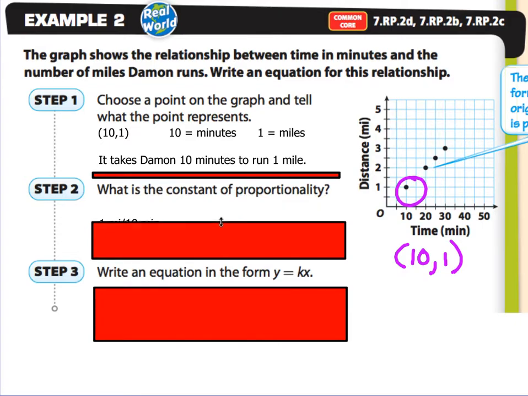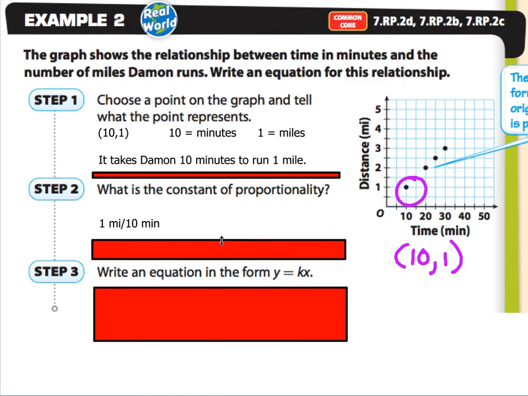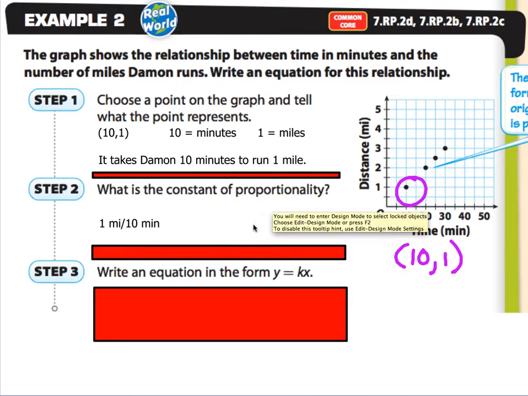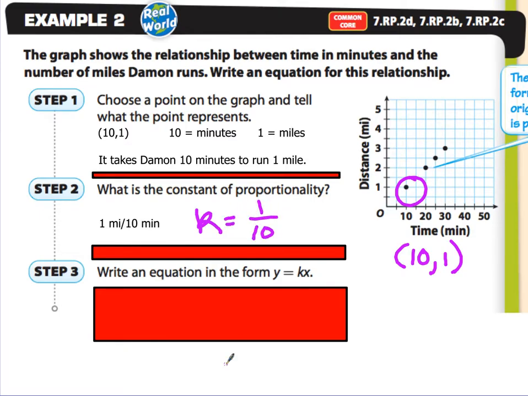So in this case, my constant of proportionality would be 1 mile per 10 minutes. Or more specifically, because we don't want to have labels on our constant of proportionality, k would be equal to 1/10.